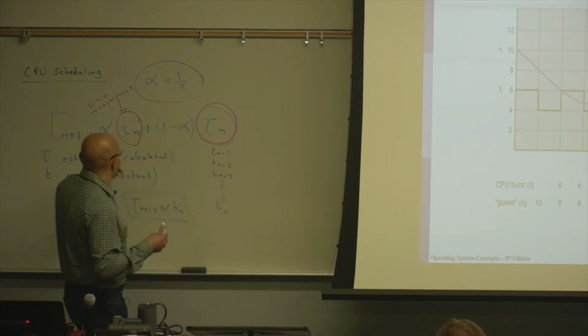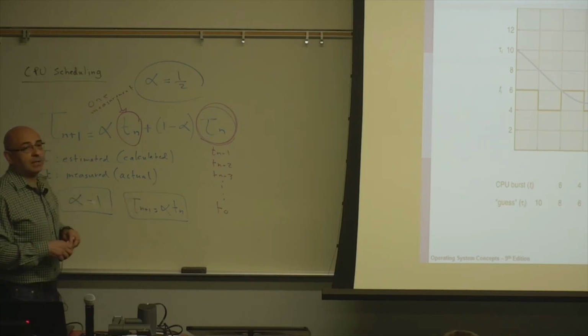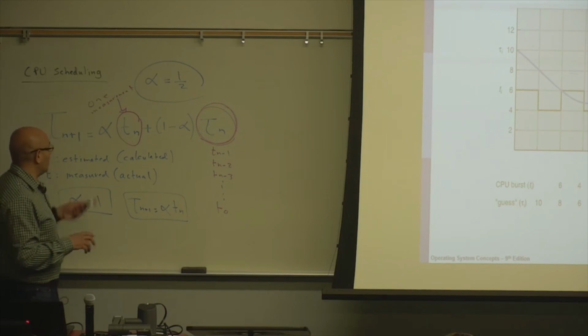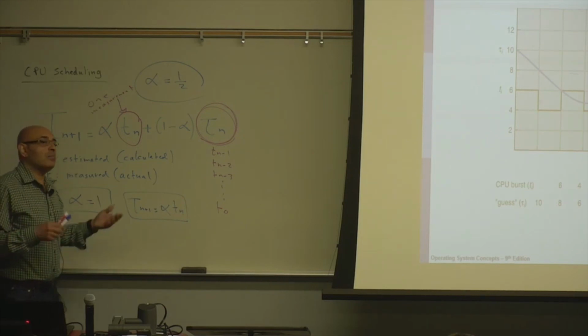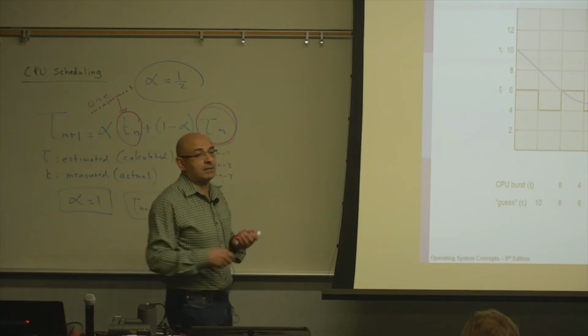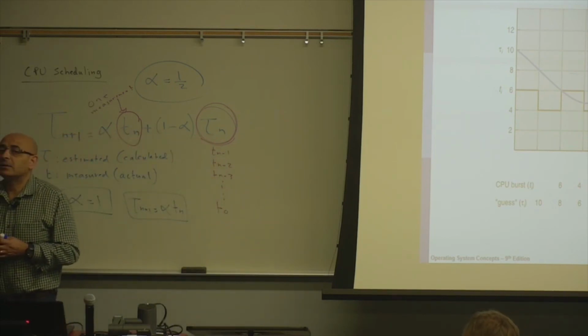So it's experimental. So you just try a half, and you evaluate the performance, and if the performance is not good enough, you try maybe a third or maybe 2/3 and see which one gives better performance. So it's experimental.